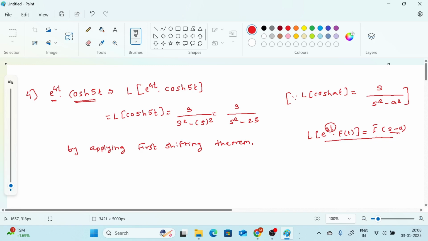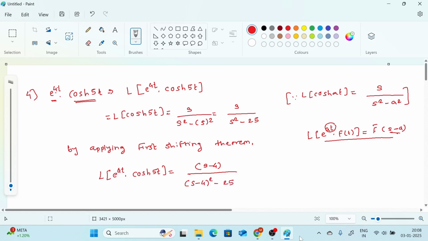Here a is 4 now, right? So what we will get? Laplace of e raised to 4t into cos of hyperbolic 5t is equal to s minus 4 upon (s minus 4) bracket square minus 25.